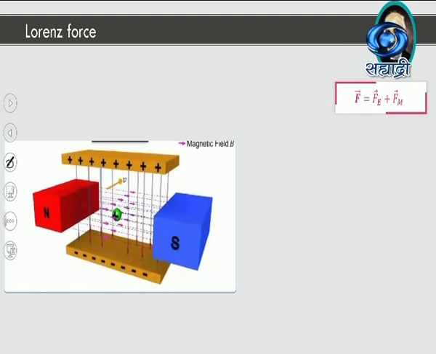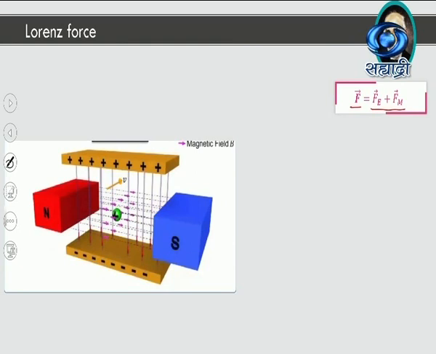The Lorentz force F experienced by charge q moving with velocity v in two mutually perpendicular fields, electric field and magnetic field, is given by the sum of electrostatic force and magnetic force Fm.